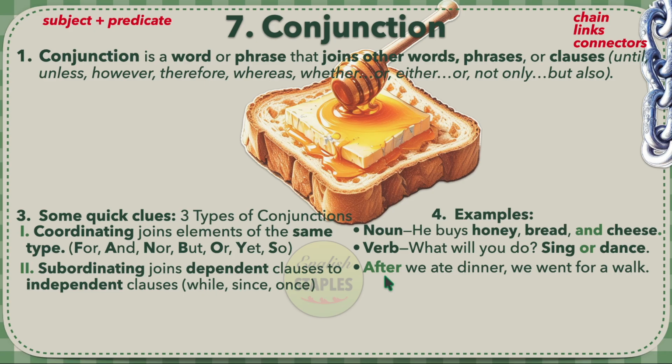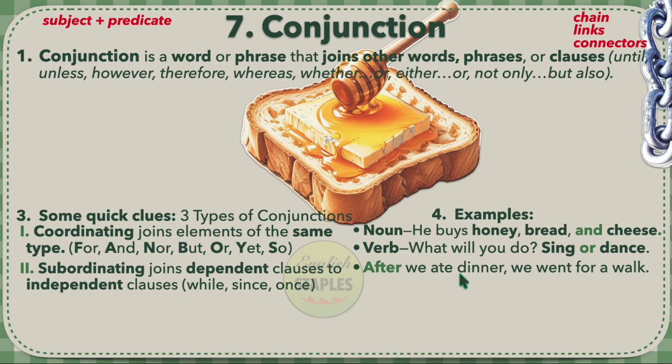But one of the things we can say about a conjunction is that it can come at the beginning of the sentence or in the middle. We could say, we went for a walk after we ate dinner. You see that? So it could also fall in the middle of the sentence. Look at this: after we ate dinner is not a complete thought.